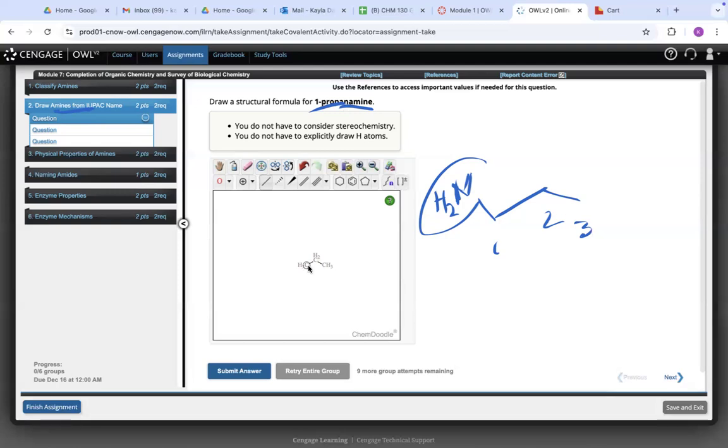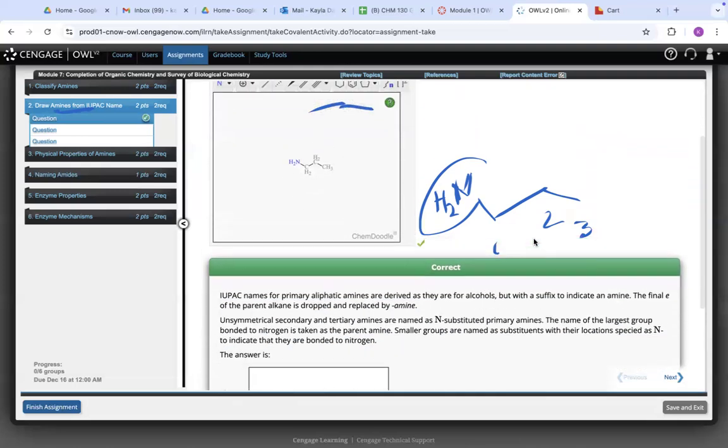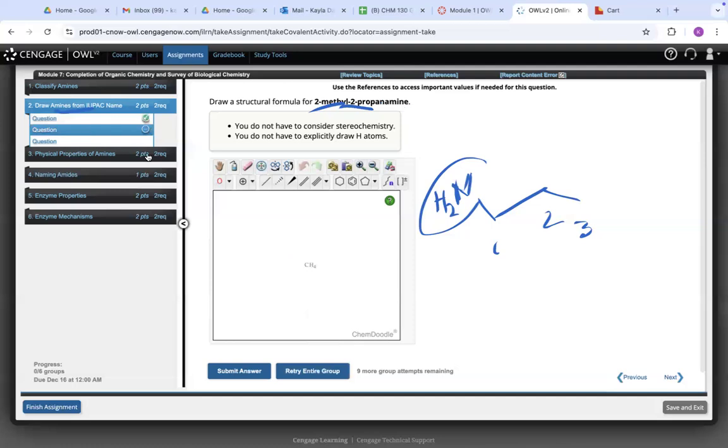So I'm going to hover back over my first carbon and put a single bond to another carbon. Then I'm going to come up here. It's already preset for the oxygen, but I'm going to come to the N here, which means nitrogen. And then I'm going to hover over that last carbon I just made to make it a nitrogen. All right, so now it looks like the molecule. Ta-da. All right, next one.